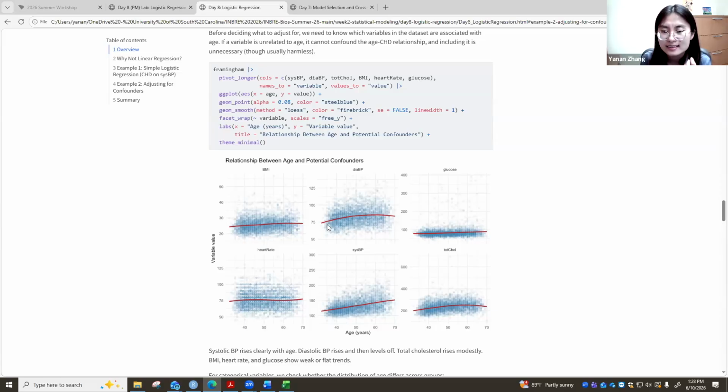So we can add a smooth curve, using the loess function, to get an idea of the relationship. Now, here is the plot.